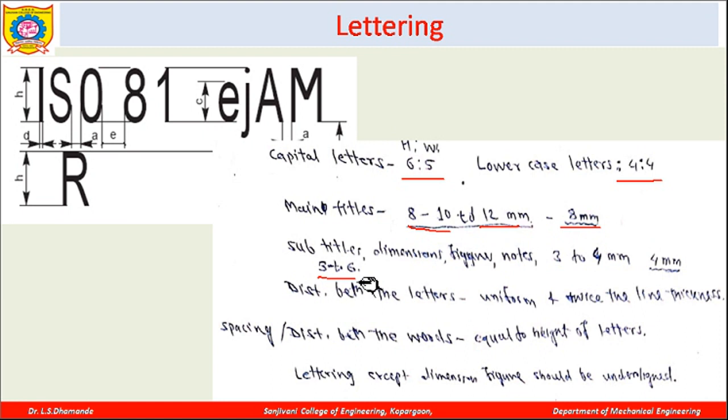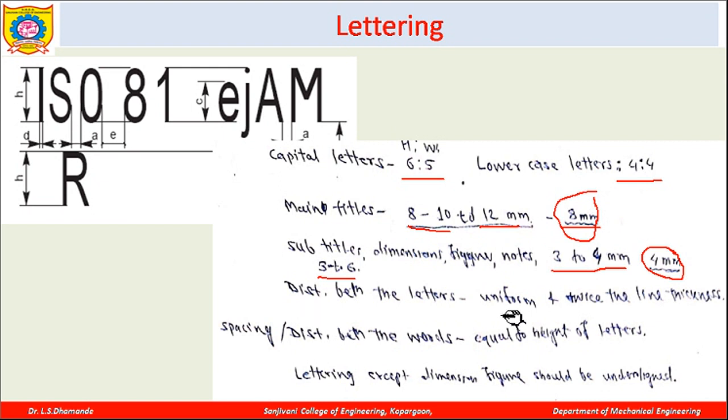The dimensions, figures and notes that you write on the drawings can be from 3 to 4 mm. It is always better to write all the dimensions with 4 mm and main titles with 8 mm.